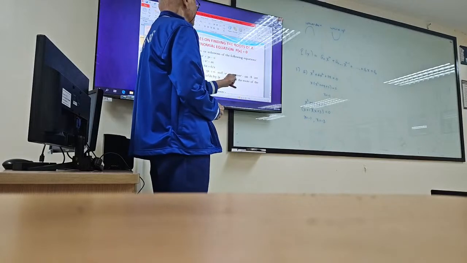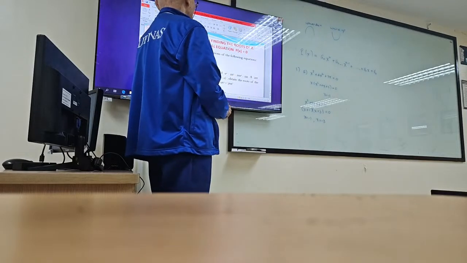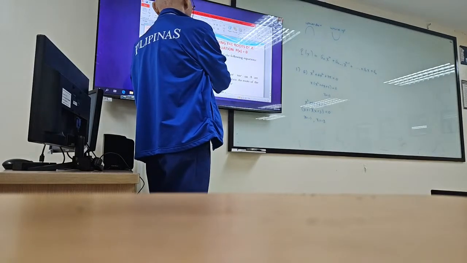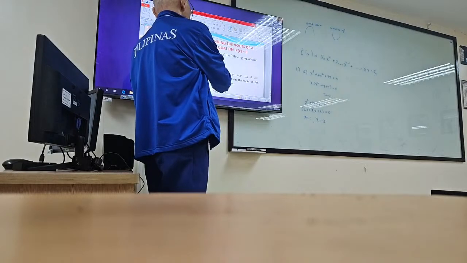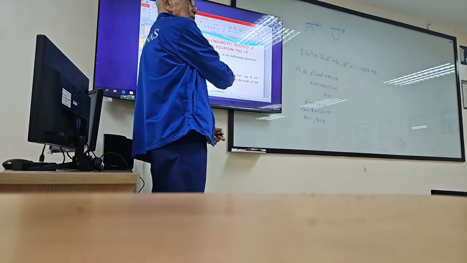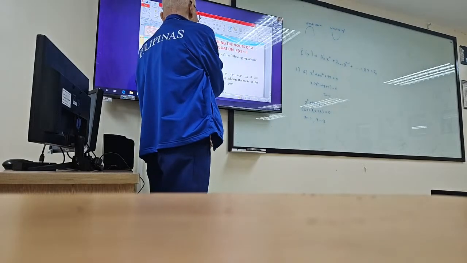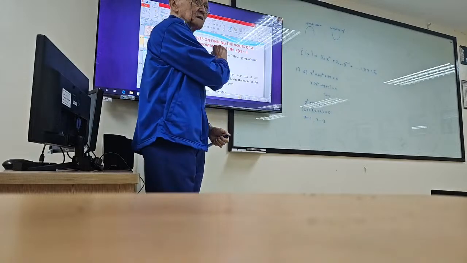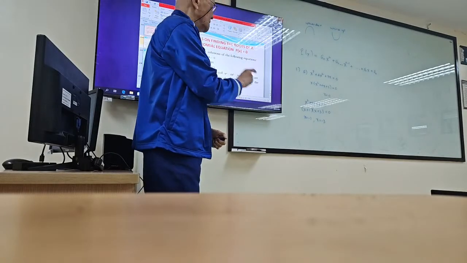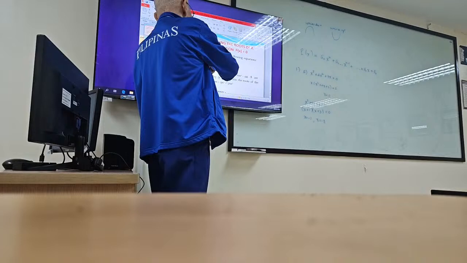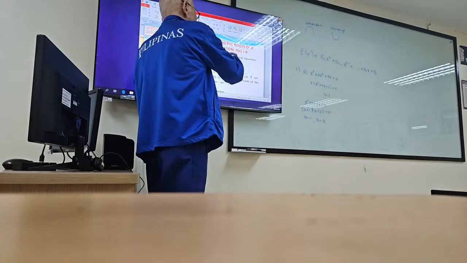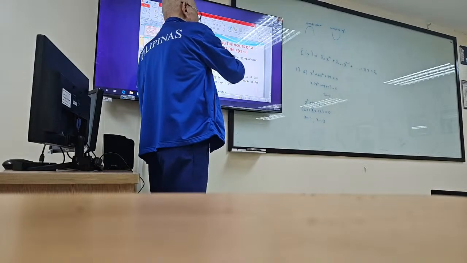Given that both are exactly divisible by x minus 2, when you say exactly divisible, when you divide, the remainder is 0. So the value of this polynomial when x is 2 is 0. The value of that polynomial when x is 2 is also 0.